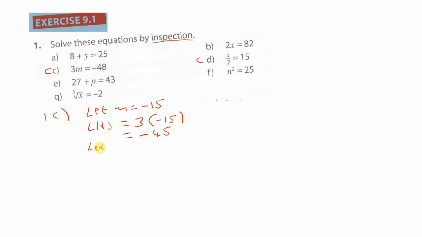If we use rather m equals negative 16, then the left hand side is equal to 3 times negative 16, and that we know is negative 48, and that is indeed our right hand side. So therefore we know that m is indeed negative 16.